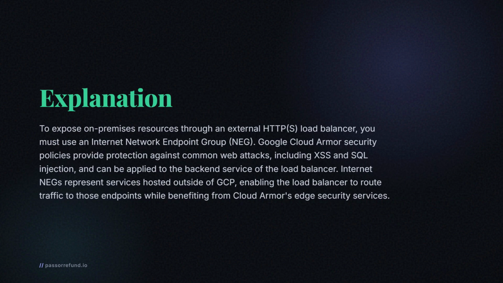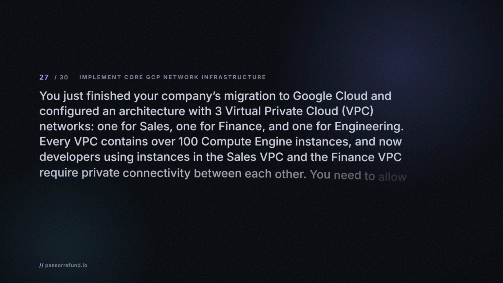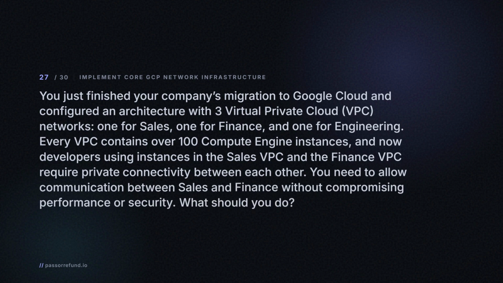The right choice is C. To expose on-premises resources through an external HTTPS load balancer, one must use an Internet Network Endpoint Group, NEG. Now, consider this. You just finished your company's migration to Google Cloud and configured an architecture with 3 virtual private cloud, VPC, networks, one for sales, one for finance, and one for engineering.